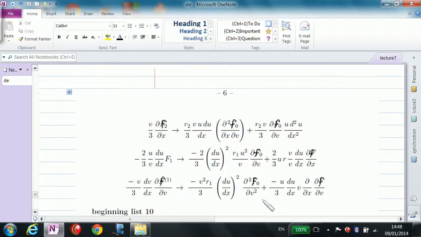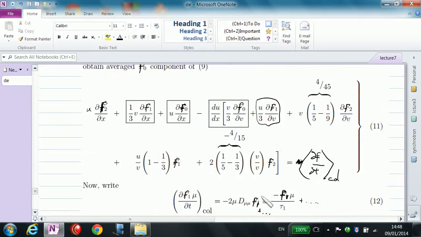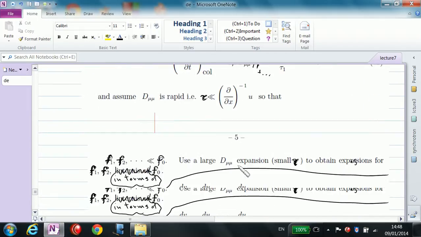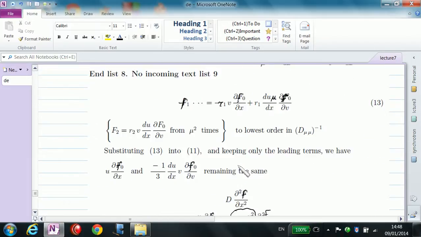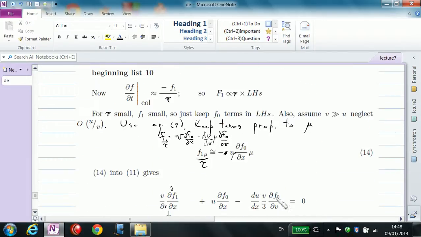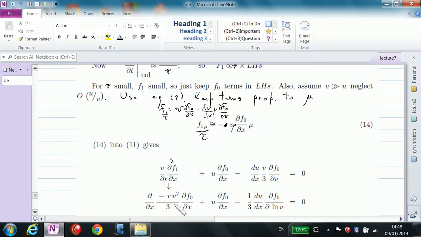It was proportional to du dx, and it was this. I mean, that's just what it was. It didn't change. So these two terms are still what they were, and it's just this term that changed into a diffusion term. And I'm left with these three terms as being leading order.